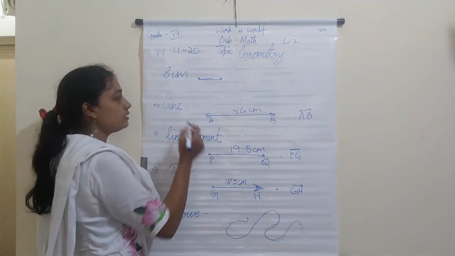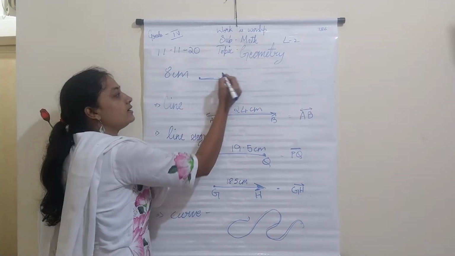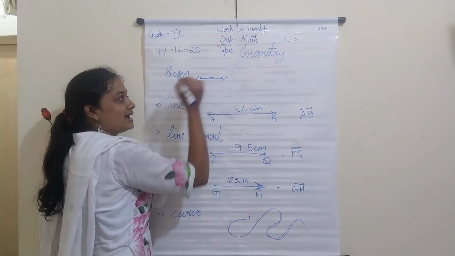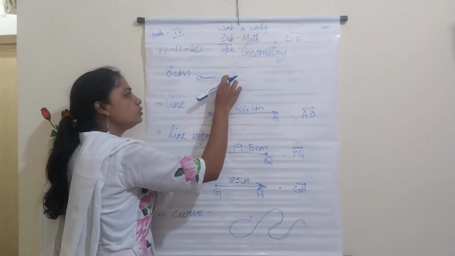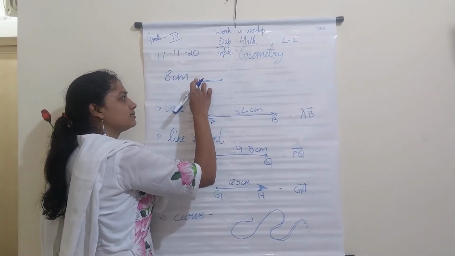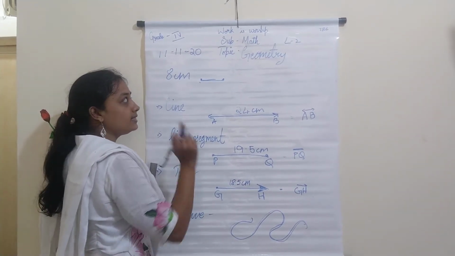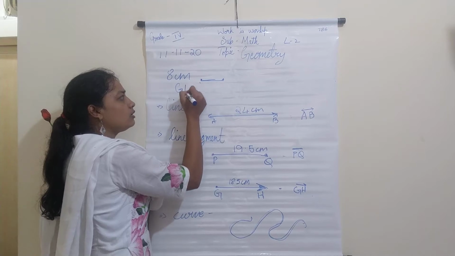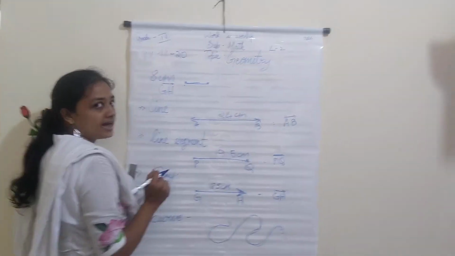And make sure you read the question. If they ask you to draw a line, write 2 arrow marks on both the sides. If they ask you to draw a line segment, don't write these arrow marks. And if they ask you to draw a ray, they will always give you the name and they will have given you the small ray.